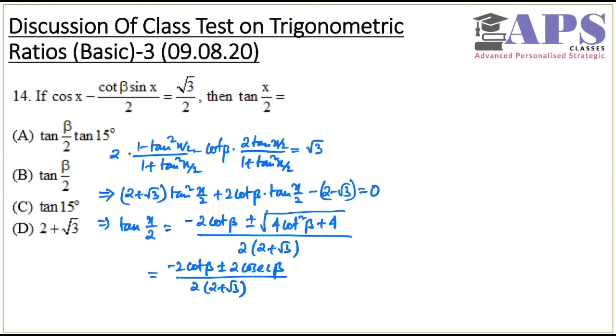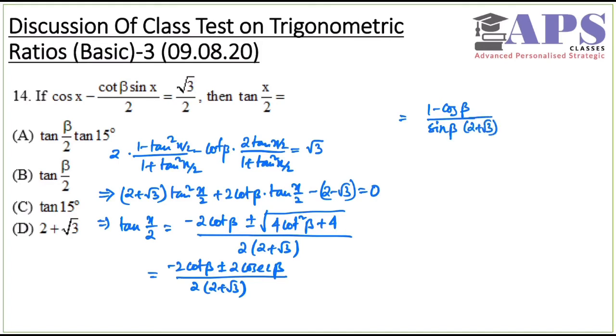Okay, so that will give us, after cancelling 2 and writing cot as cos by sine, cosec as 1 by sine, we can get 1 minus cos beta by sine beta and into 2 plus root 3.